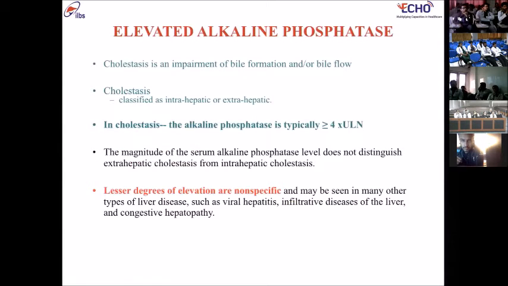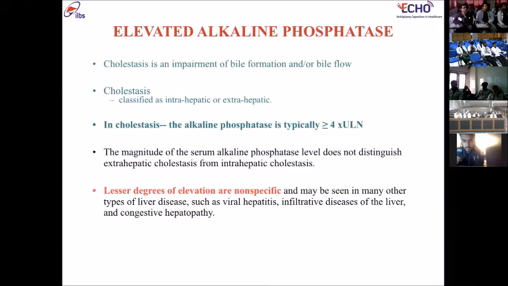Then elevated alkaline phosphatase, cholestasis, is usually due to impaired bile flow or formation, and can be classified as intrahepatic or extrahepatic. Extrahepatic and intrahepatic can be distinguished on the basis of the presence of a palpable lump, a palpable gallbladder.